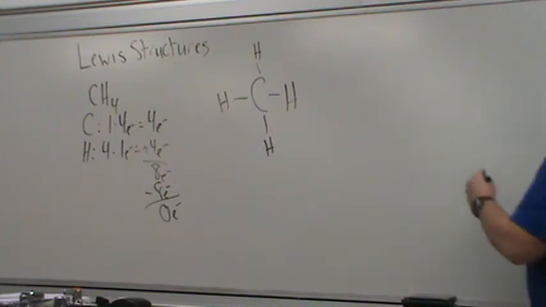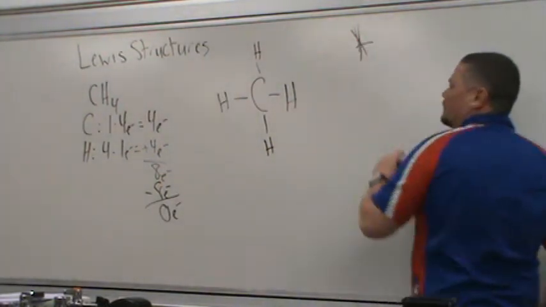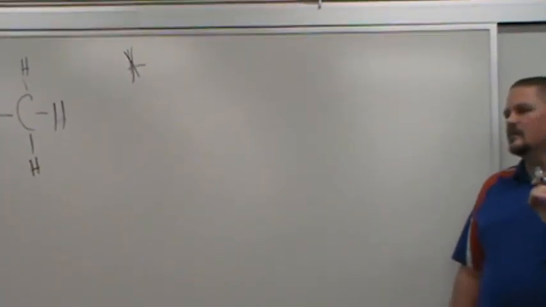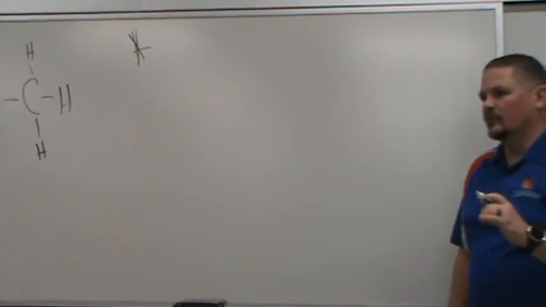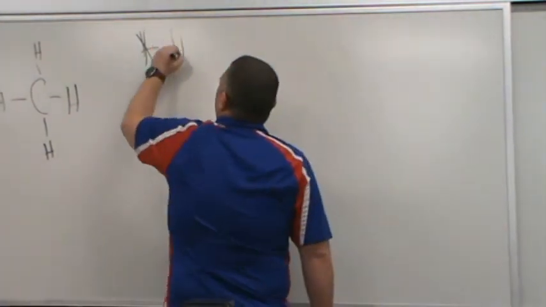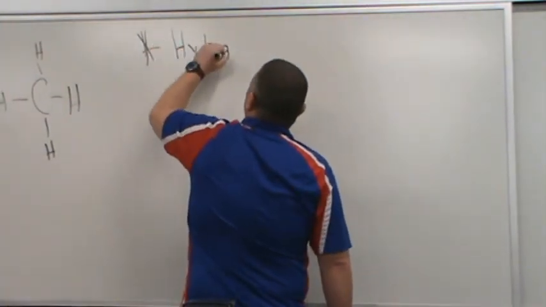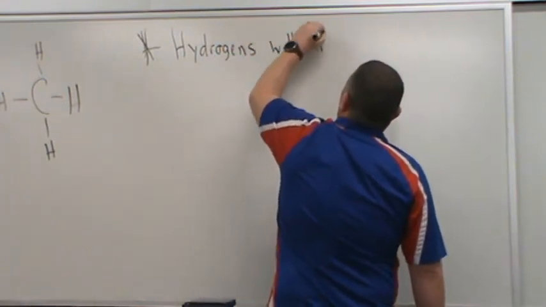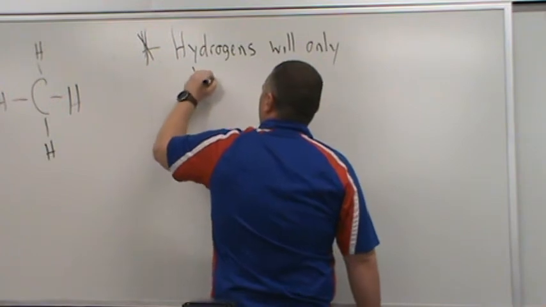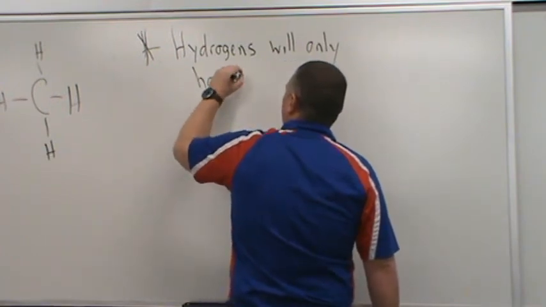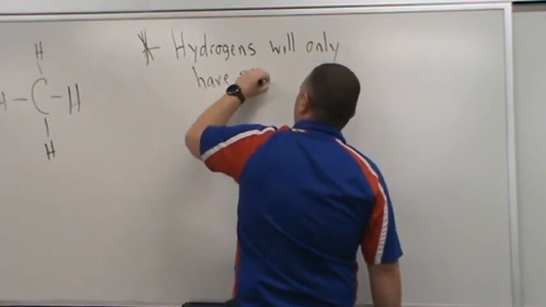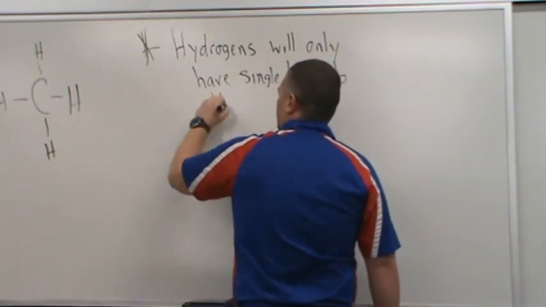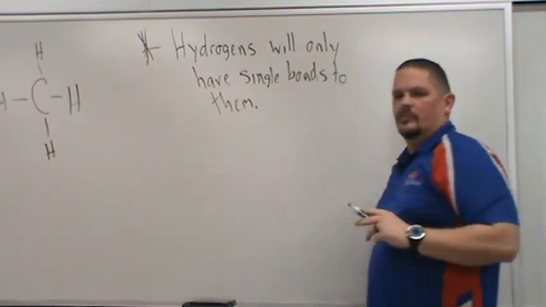actually yes. Okay. So there's a couple of things that we're going to put stars by so that you have those in your notes so you can refer back to this. Hydrogens only have single bonds to them.